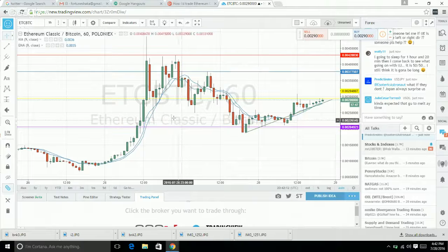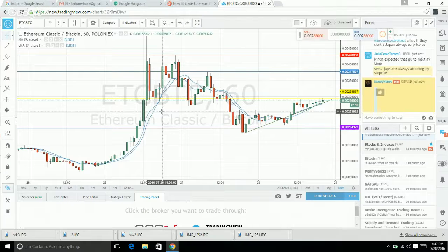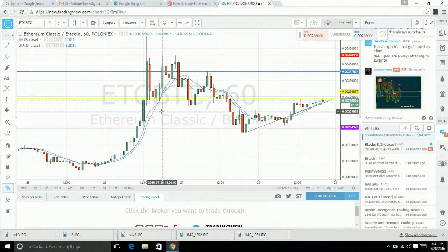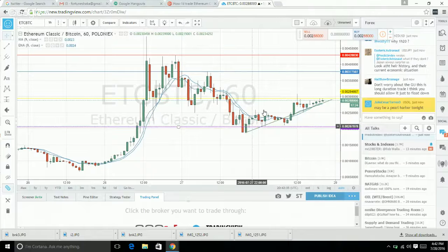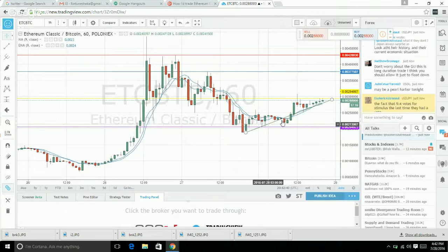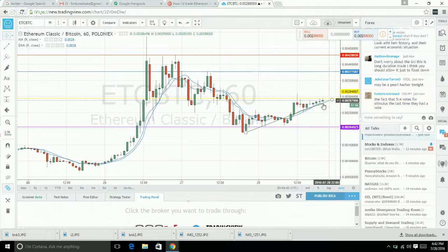But as more information comes out and things are a little bit more clear as far as what they are going to take from the development in the fork chain of Ether, then I may take a position. But until then, I'm just going to watch the charts, get some more information, and just watch the price action.